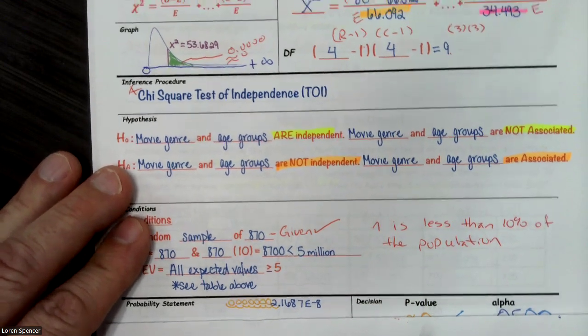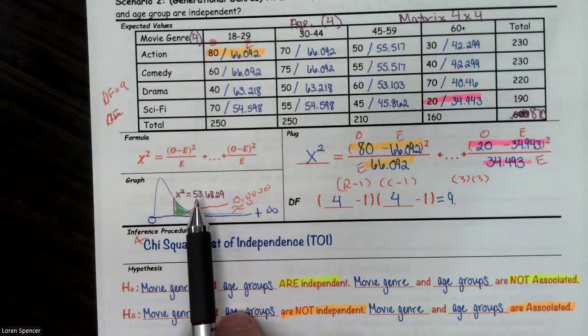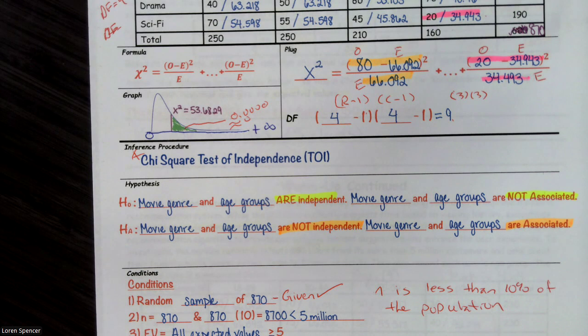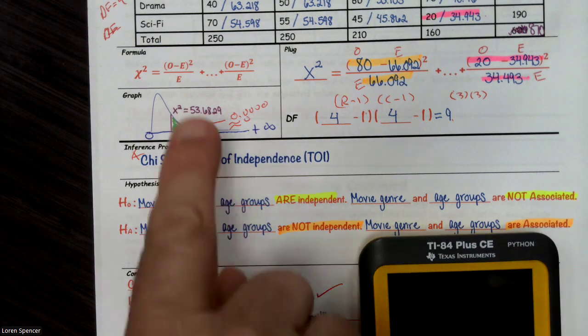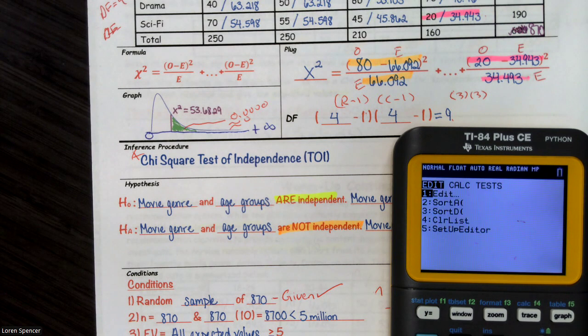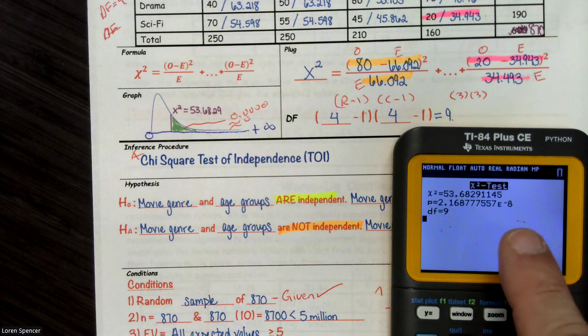Probability statement. So the probability of our chi-squared value being greater than 53.6 is approximately 0. And you go, well, wait a second. I know you wrote that on the graph, but how did you actually get that? We went stat, test, chi-square test, 53.6.